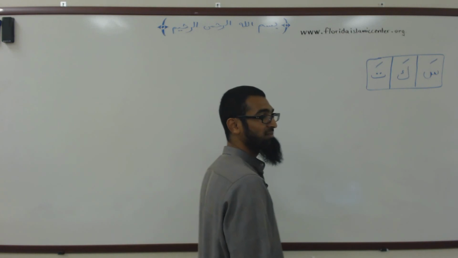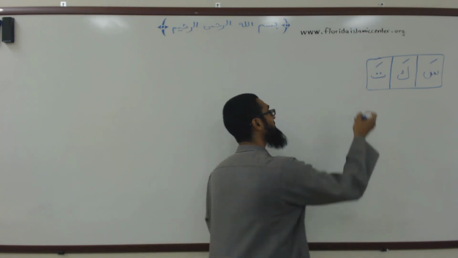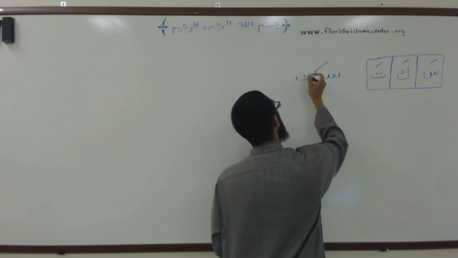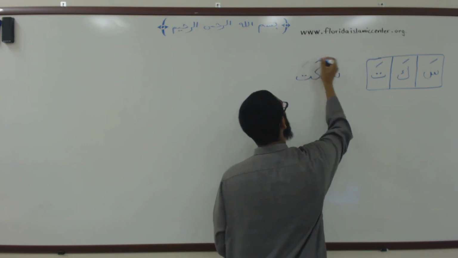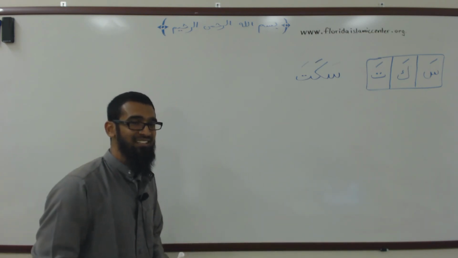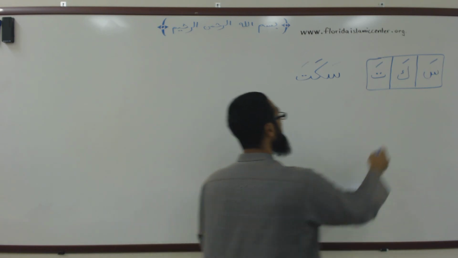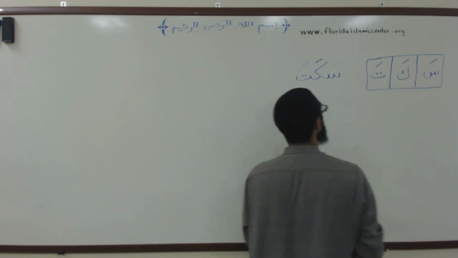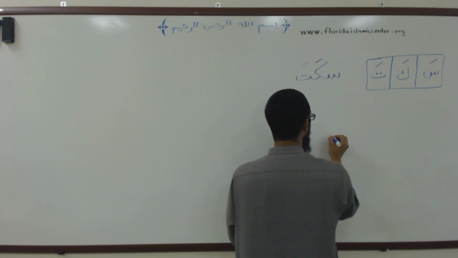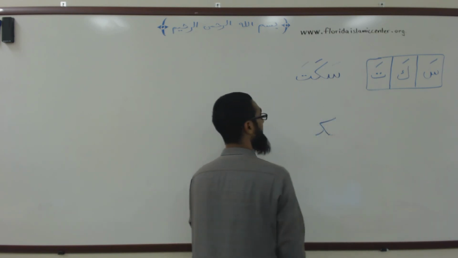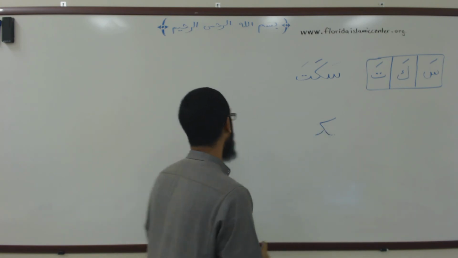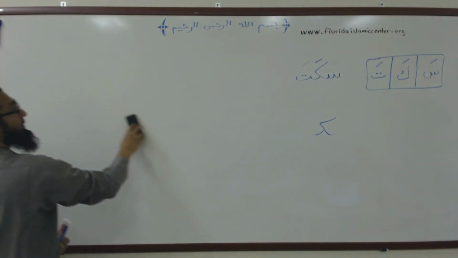So what should it look like? I'll put it on the board and you tell me what you did. Sakata. Do you have that? Remember the sin, this little tail here drops. With the kaf, this is what it looks like in the middle. It's like whatever was coming, then this line, that's a kaf. And the ta is just a regular ta. Sakata.